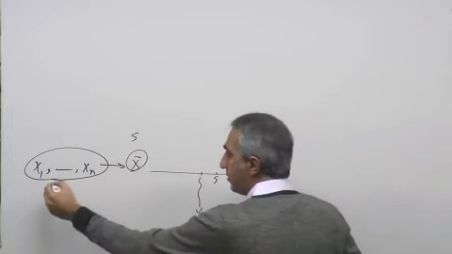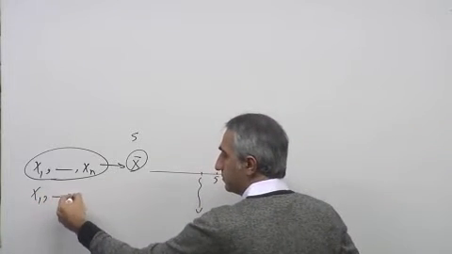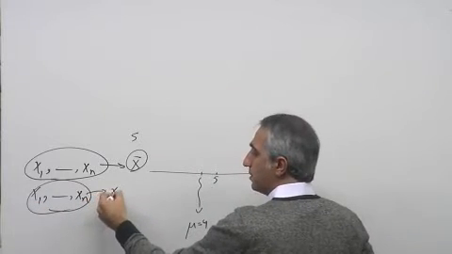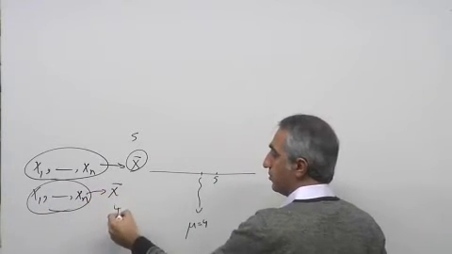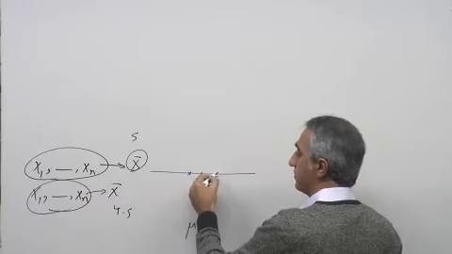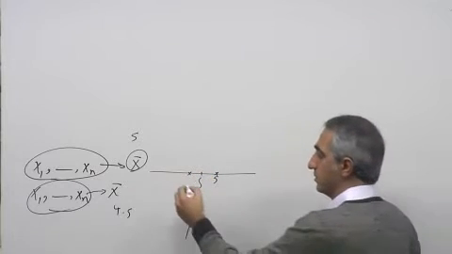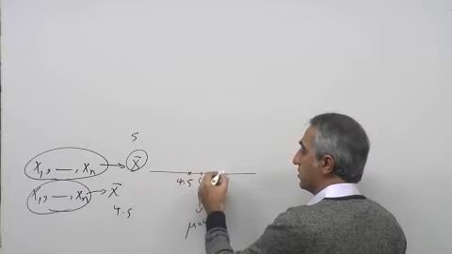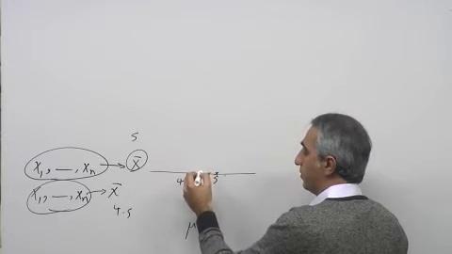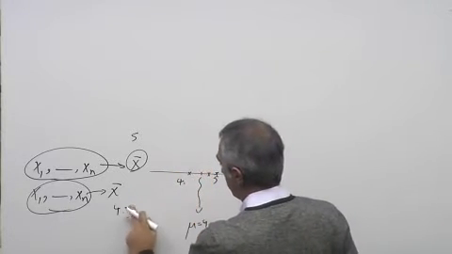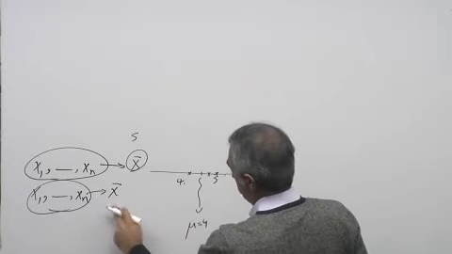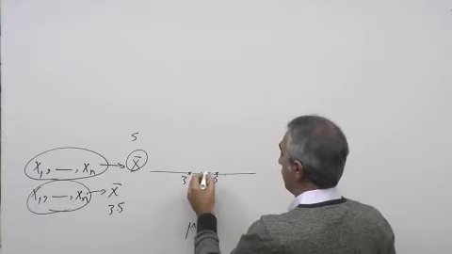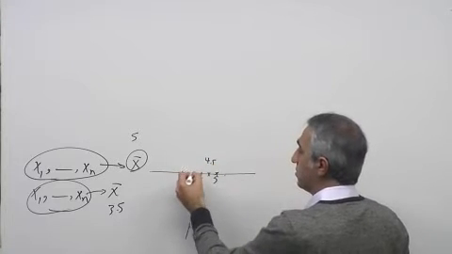Then you have another sample, a bunch of numbers. It gives you another X bar. Let's say this is 4.5. Okay? You have another one. Let's say it is 3.5. This is 4.5. And so on and so forth.